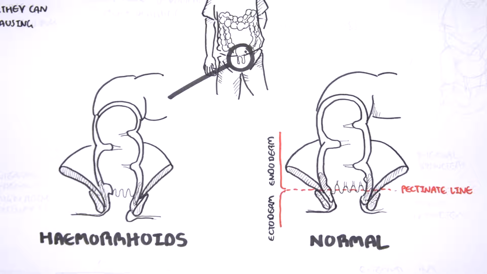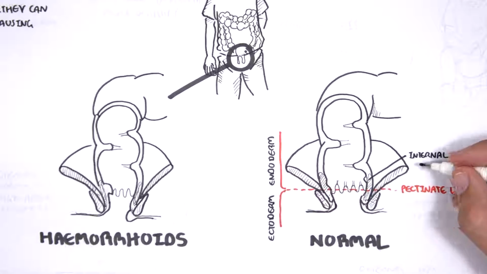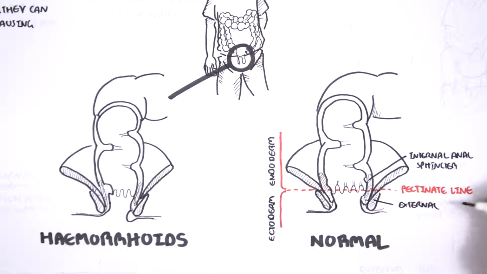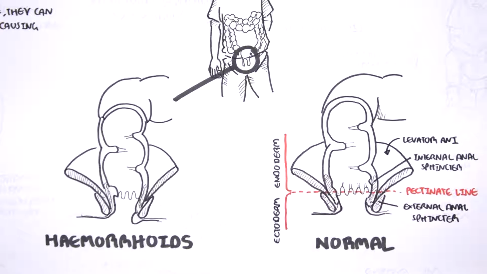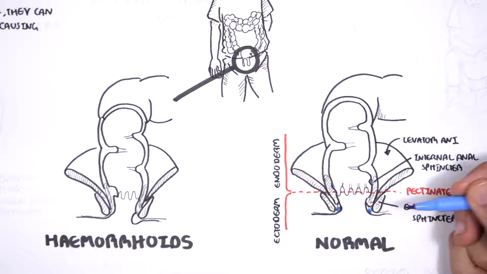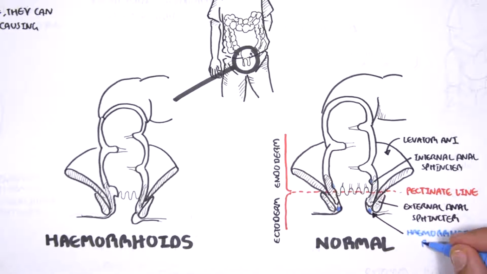There are muscles also surrounding the anal canal. These are the internal sphincteric muscles, which are controlled involuntarily, and then the external anal sphincter, which is under voluntary control. The levator ani is another important muscle that makes up the pelvic floor. Hemorrhoid plexuses or plexi are here, and there is an external and internal hemorrhoid plexus.